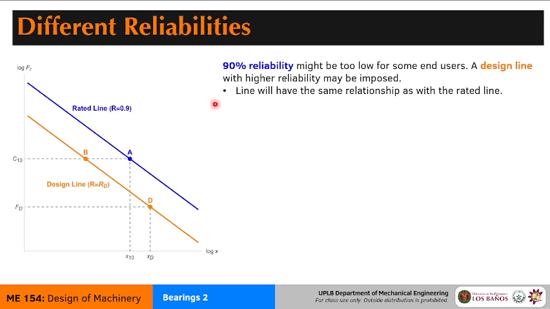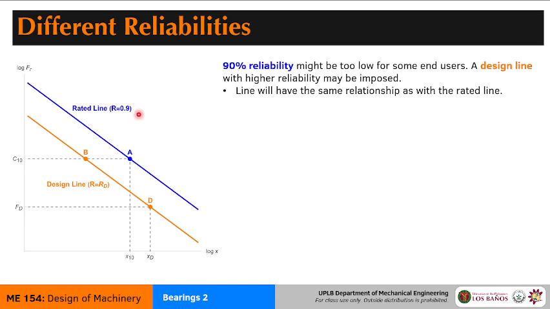Some industries want a little higher than 90%, for example 99%, 95%, or maybe 98%. That gives them a higher bit of confidence that their bearings will last the lifetime, or at least statistically, most of their bearings will have a better survivability rate in their jobs.